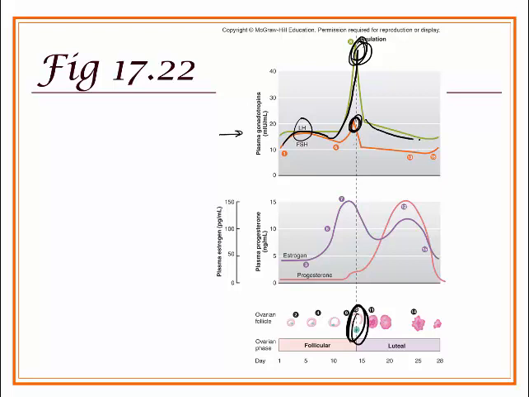Okay, and then those are going to fall when the corpus luteum is present and progesterone and estrogen and inhibin are inhibiting the hypothalamus and the pituitary.